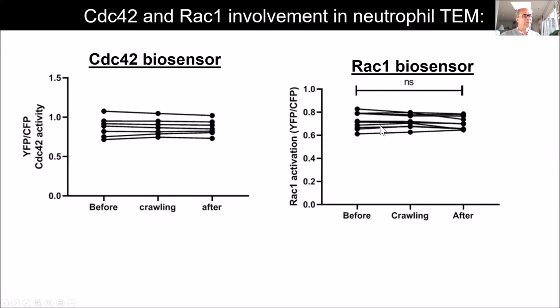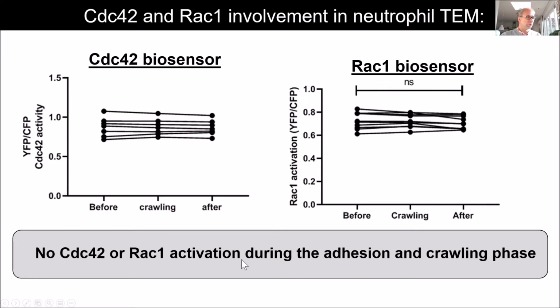And we found the same for Rac1. There was no increase or decrease of Rac1 induced by the neutrophil crawling on the endothelial cell. So the neutrophils do not directly activate CDC42 or Rac1 during the crawling phase.